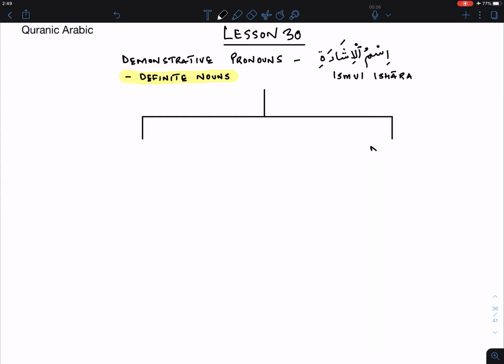One is for indicating something that is near, qaribun, so that's Ismul Ishāra lil qarib. The other one is for distant: when an object or person is distant, then it's for ba'id. It's a different set of nouns that are used there, and we're going to cover all of those inshallah.